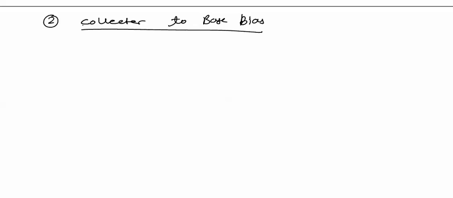Second one is collector to base bias circuit. In collector to base bias circuit, there is little difference in the circuit.